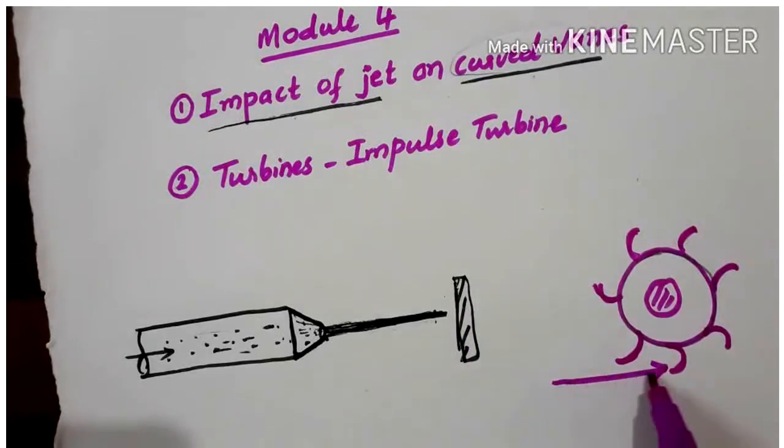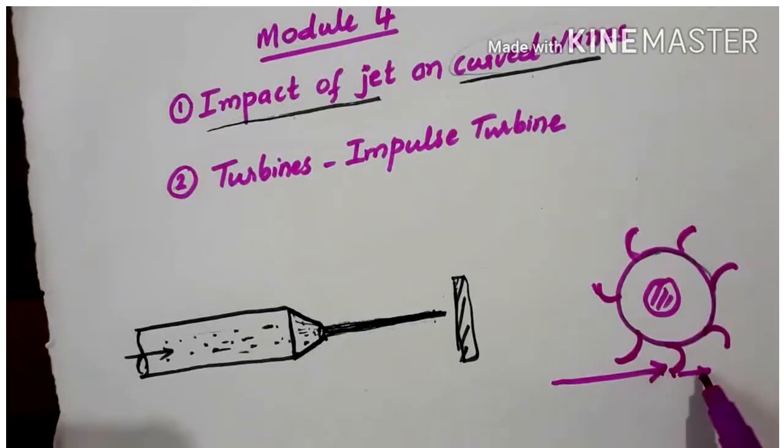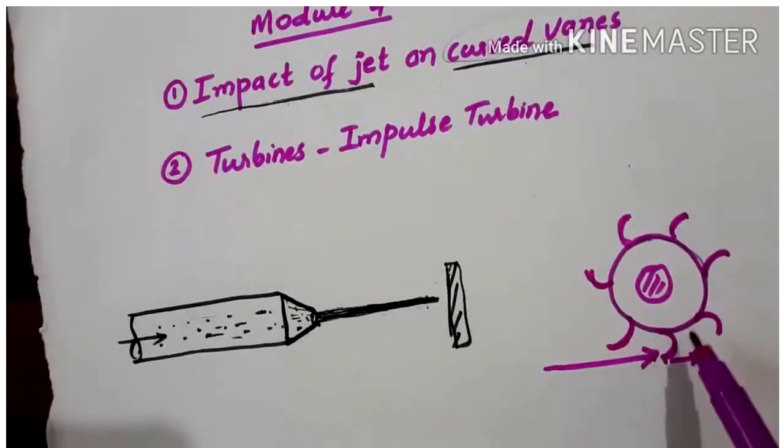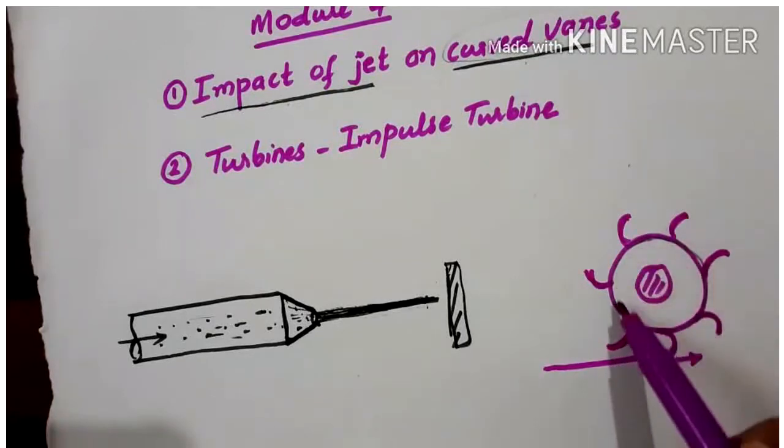The moment it hits the blades, the impeller moves forward. Then the next blade comes and stands before the jet, and again it gets the force and moves. This continues, and the rotation of the impeller takes place.